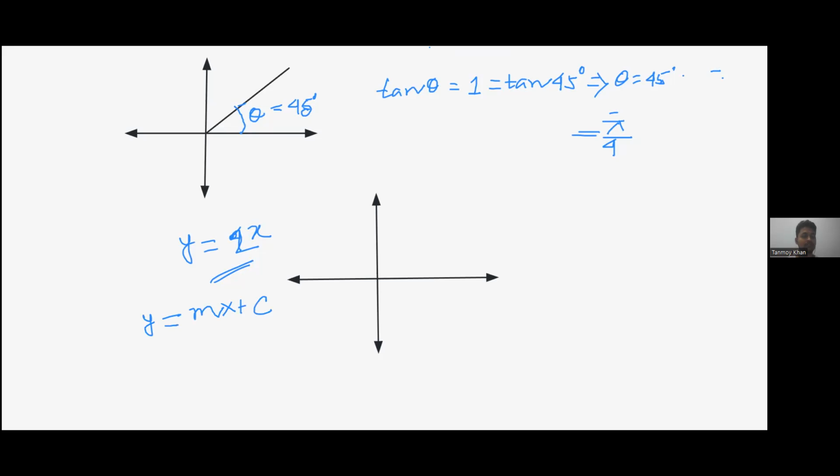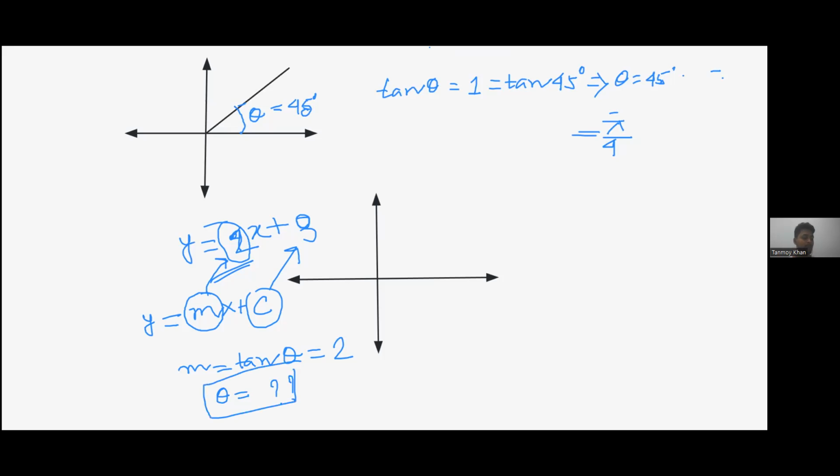So what is m? m is 2, right? And what is c? It will be 0, because you can write it as 2x plus 0. So your m, that means tan theta, is equal to 2. So what will be theta? Just try to do it. Theta will be 63 degrees.